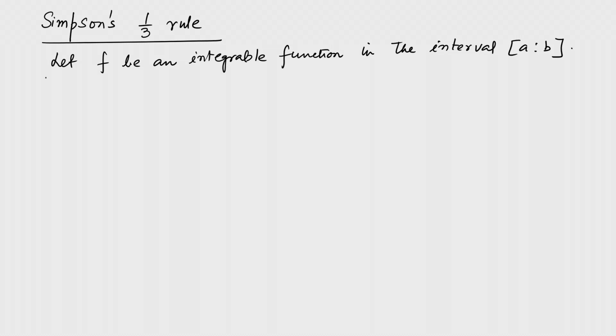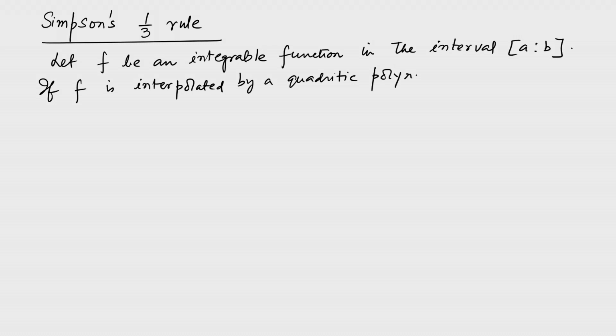Now, if f is interpolated by a quadratic polynomial P2(x) between the points a, b, and of course, (a plus b) by 2, that is the midpoint between a and b.